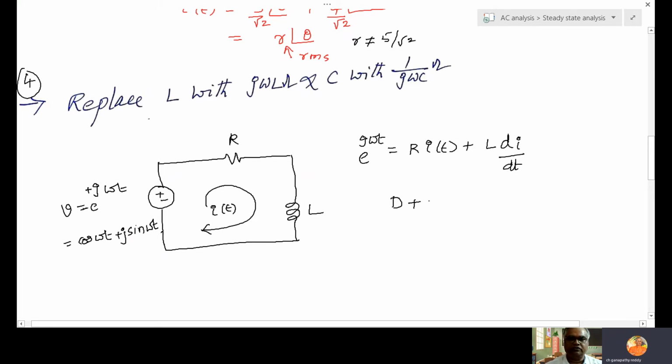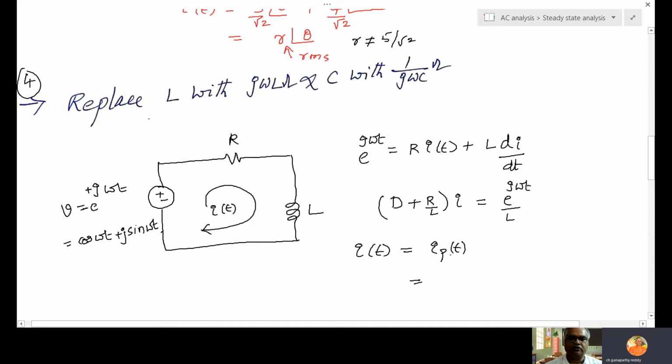So (D plus R by L) into I is equal to e power j omega t by L. So we want a steady state response now. Steady state response is nothing but only the particular solution, I P of t.